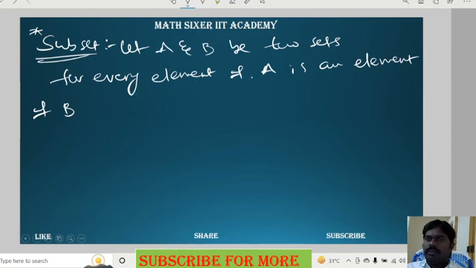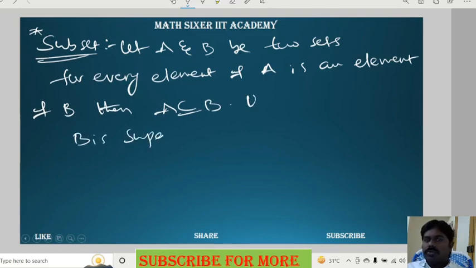If every element of A is an element of B, then we can say A is a subset of B, and it is denoted by this symbol. This is called subset. Then A is a subset of B, and B is a superset of A. Here you can write like this.